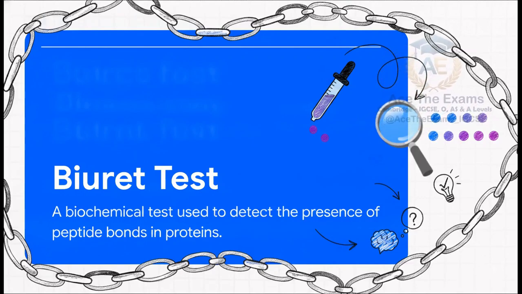Principal examiners point out year after year that candidates consistently confuse key terminology here. If you write that the Biuret test tests for amino acids, or just vaguely say it tests for protein molecules without defining the actual mechanism of peptide bonds, you are going to be severely penalized. Getting this exact definition right and always defining your terms before you use them in extended responses is really your first major line of defense.